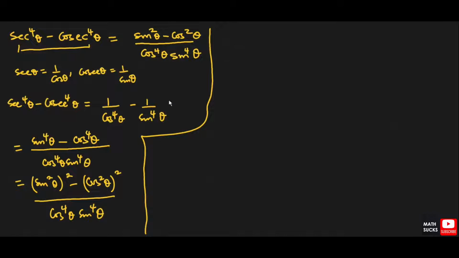This is the difference of two squares, and if you recall, a squared minus b squared is equal to a minus b, times a plus b. So you can make use of it in the expression.